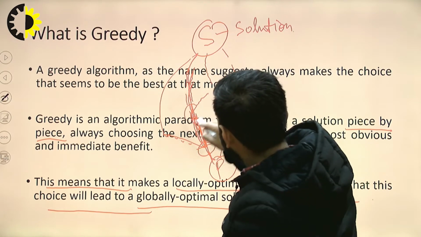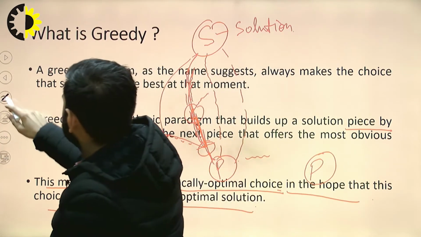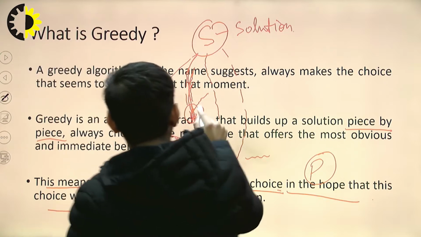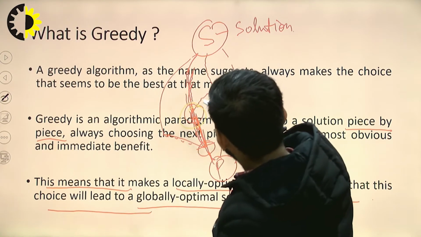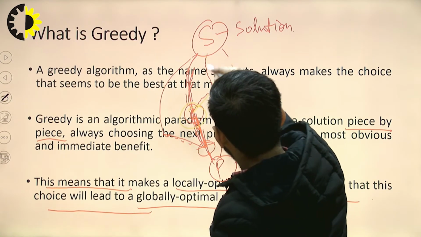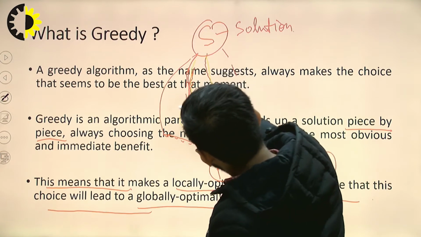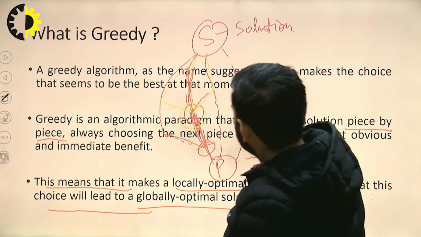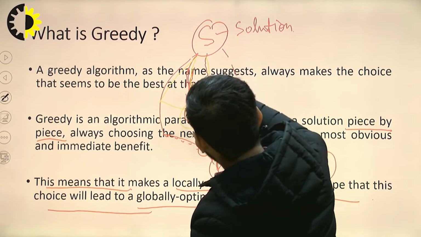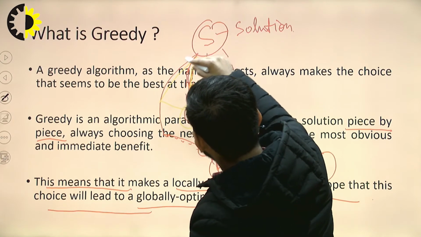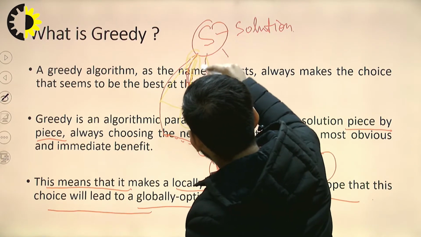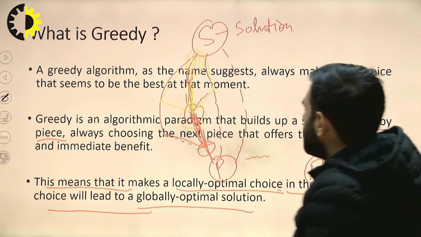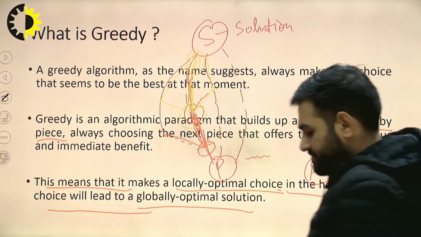While reaching here, we have two paths. Suppose this is also a path. So here, this is the locally optimal. But after reaching this particular solution, this is the globally optimal solution. So this is all about the greedy technique.